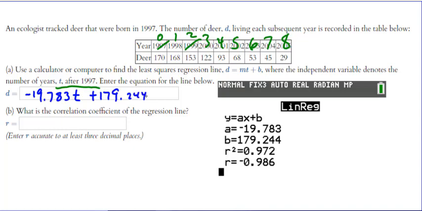Now I went to 3 decimal places, and I'm not sure if they said how many decimal places, and they didn't. So 2 or 3 should be good. What is the correlation? Negative 0.986. Okay, and that's 3 decimal places. So if that's going to 3, we might as well make sure that these are going to 3. So that's how you do that one.